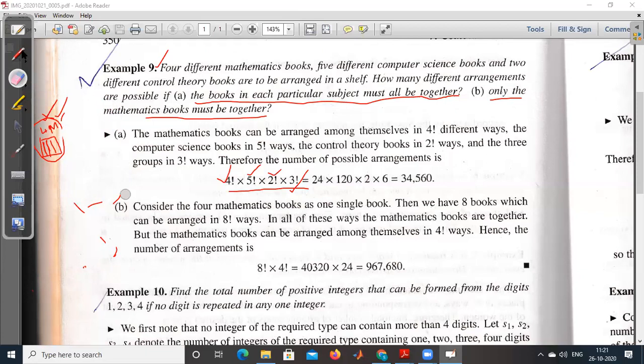Okay, students. So we have grouped all the four math books as a single set.